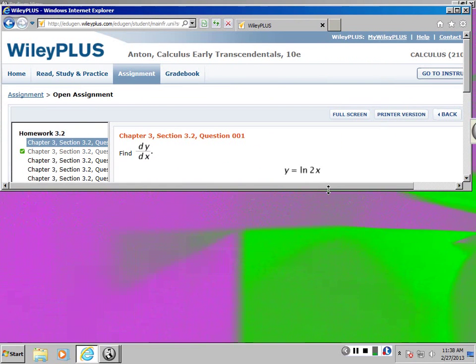So Wiley problems. If I have y equals ln of 2x, y prime is 1 over 2x times 2, which is simply 1 over x, right?